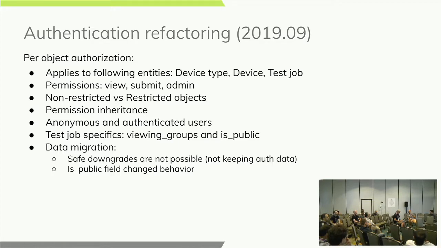Viewing groups was the way for the test job submitter to say, I want these groups, and only these groups, to be able to view this test job, and this will trump any other permission settings, inheritable or not, in the system. The same goes for the public setting for the test job. If the job is set to non-public, private, then nobody except the submitter and the superuser will be able to access this test job.